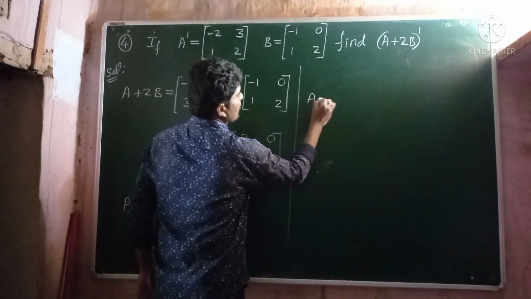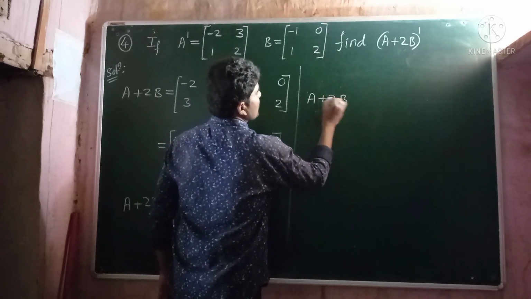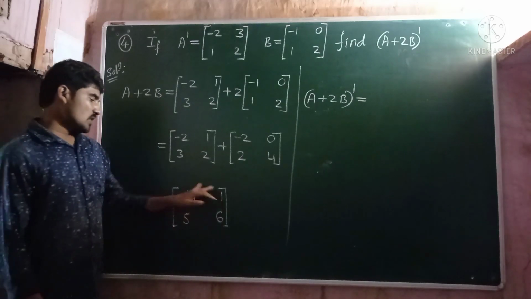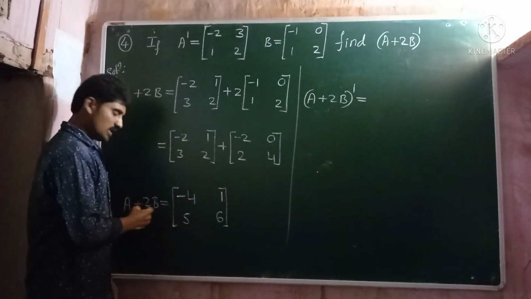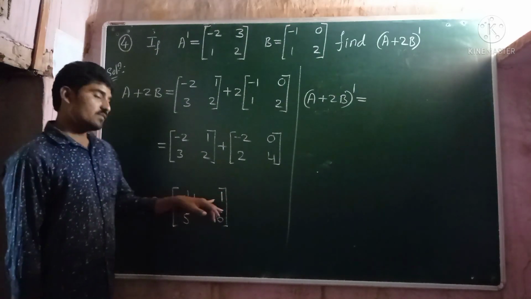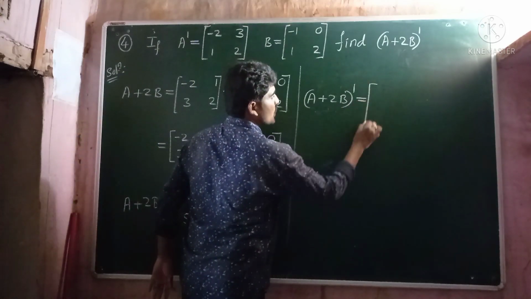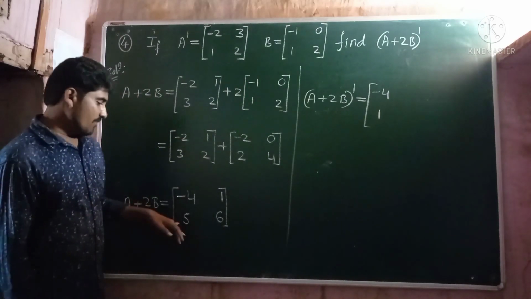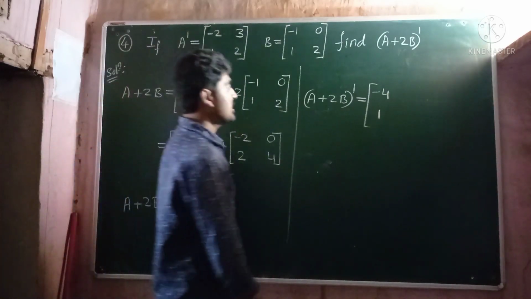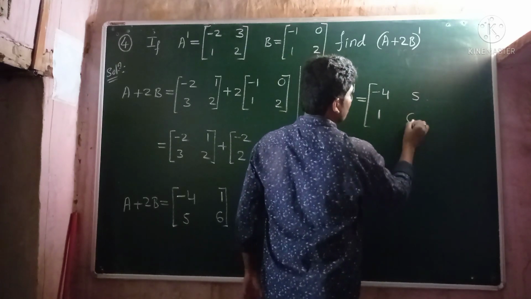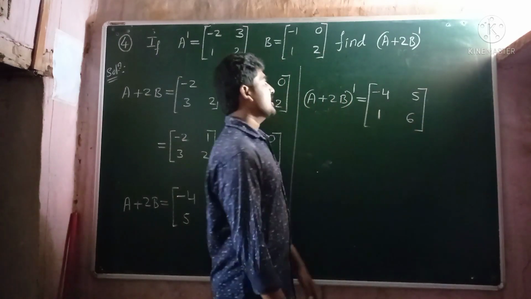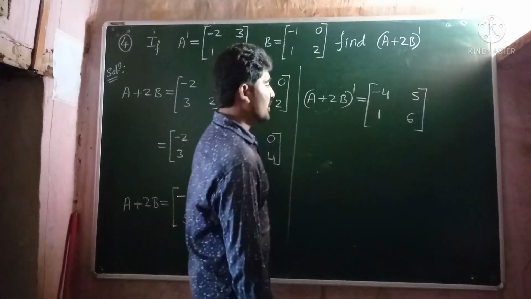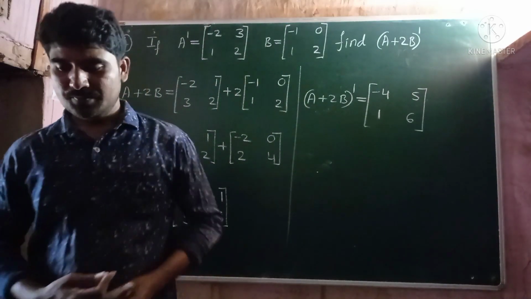A plus 2B whole dash is obtained by interchanging rows and columns of the matrix A plus 2B. Hence minus 4, 1, first row becomes first column of the required matrix, and 5, 6, second row becomes second column of the required matrix, which is the required transpose of the matrix A plus 2B. I hope all of you understood. If possible, take a note.